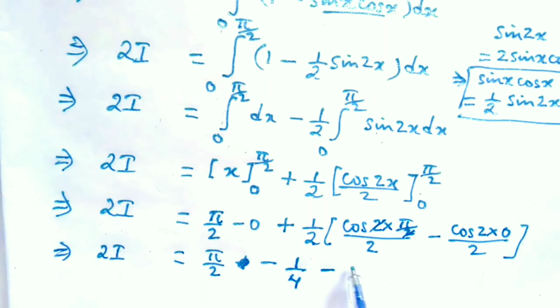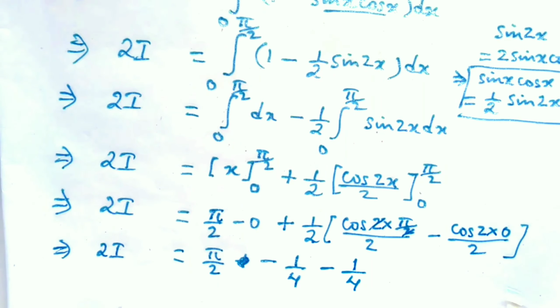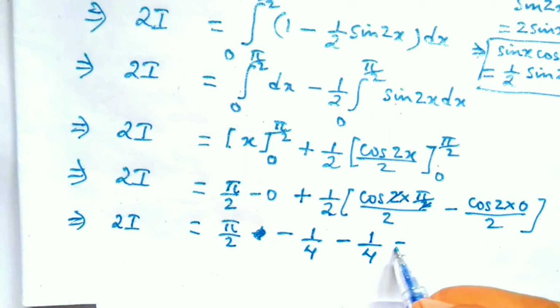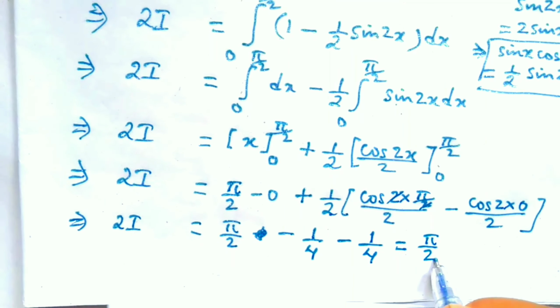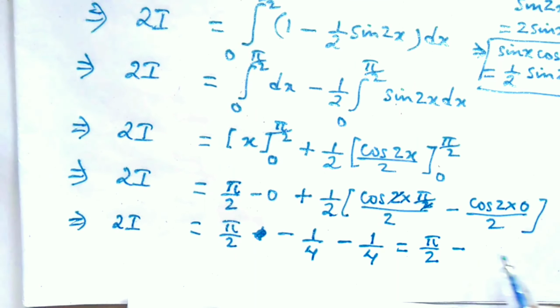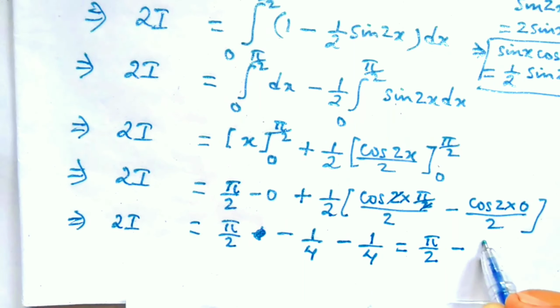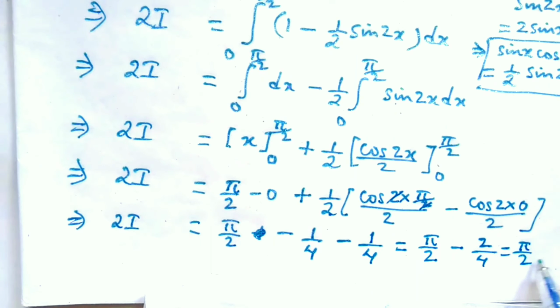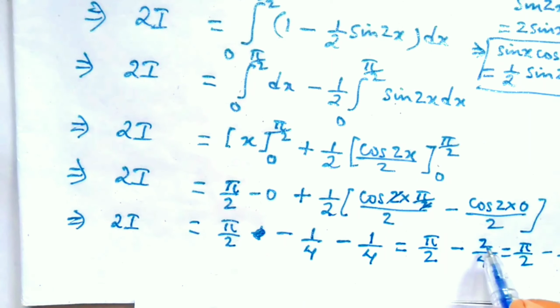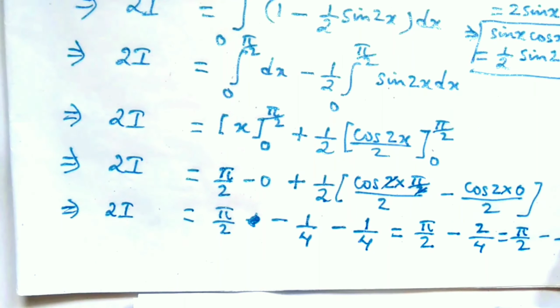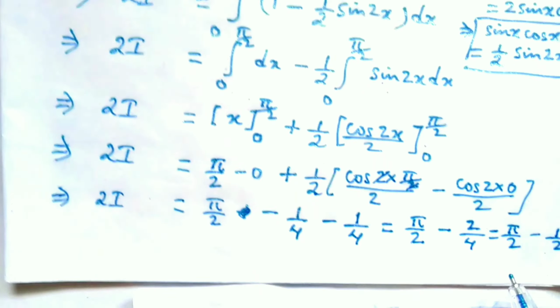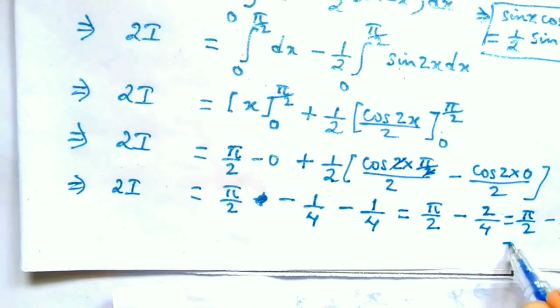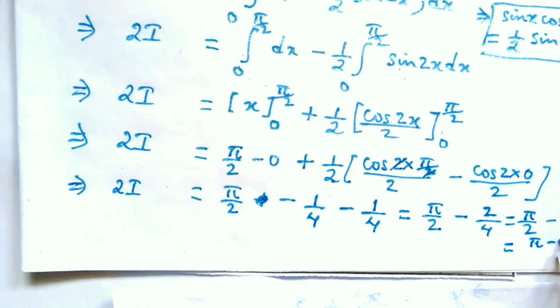So 2 with 2 we have 4, minus 1 by 4. So this is equal to pi by 2 minus 2 by 4, right? Pi by 2 minus 1 by 2. 2 with 4 get cancelled, we get 1 by 2. So from here if we take LCM we get (pi minus 1) by 2.